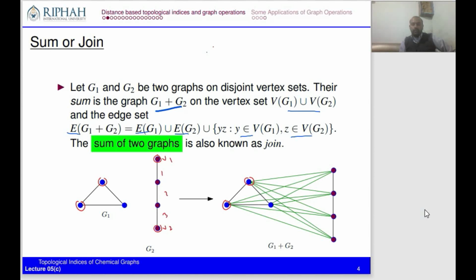But in the join graph, the distance between these two vertices is always 2, because every vertex V1 is connected with every vertex of G1. So we can move from V1 to any vertex of graph G1 and then to the vertex V2. So observe that the maximum distance in G1 plus G2 is 2.